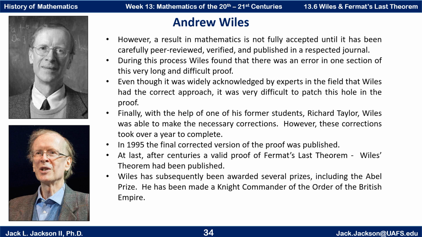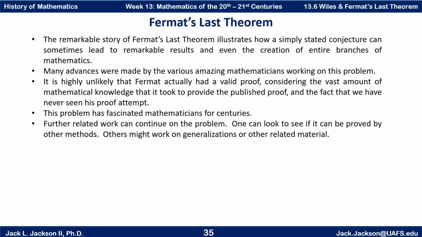Well, Fermat's conjecture, probably we should call it Wiles' theorem now, had been published. Wiles has subsequently been awarded several prizes, including the Abel Prize, one of the two most celebrated prizes in mathematics, and he's even been made a Knight Commander of the Order of the British Empire. So, Sir Andrew Wiles has proved Fermat's last theorem.